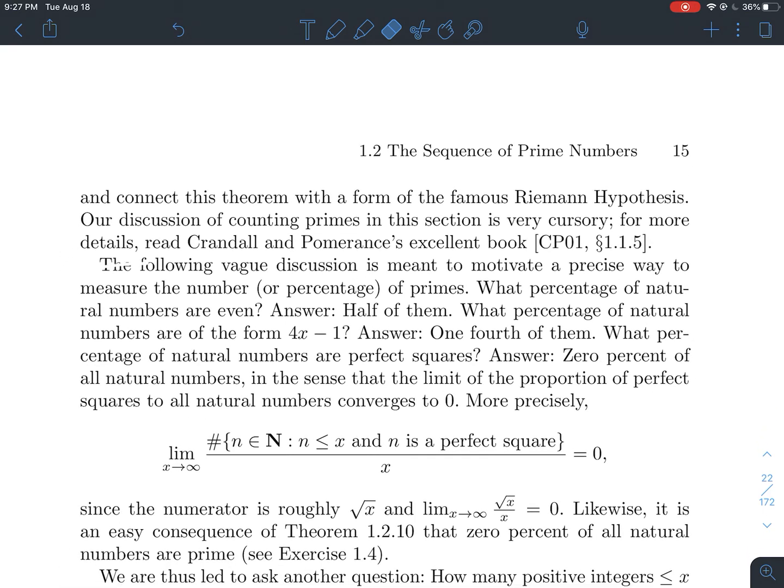And so here's kind of a fun discussion about how we measure the number of primes that we have. Something like, what percentage of natural numbers are even? And the answer to that question is half of them. The way that I might think about that is I might think about something like Z2 from a proofs class, which consisted of the set of the equivalence classes 0 and 1.